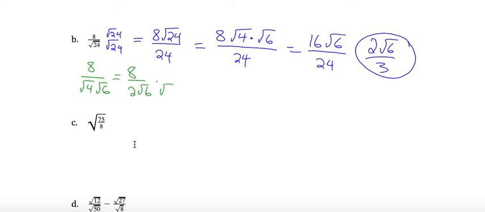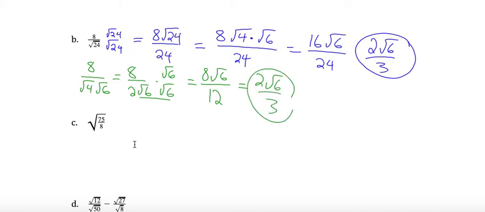You can just multiply by root 6. On top, we get 8 root 6. On the bottom, those two square roots of 6 turn into just a regular 6, and 6 times 2 is 12. Again, now you can simplify the 8 and the 12. Both of them divide by 4, and you get 2 root 6 over 3.